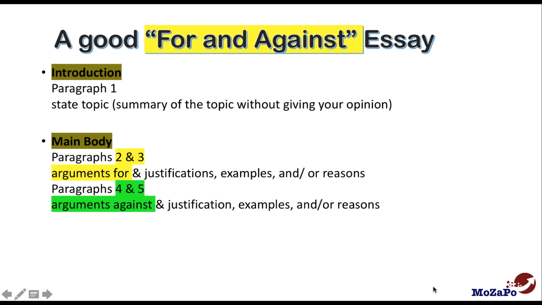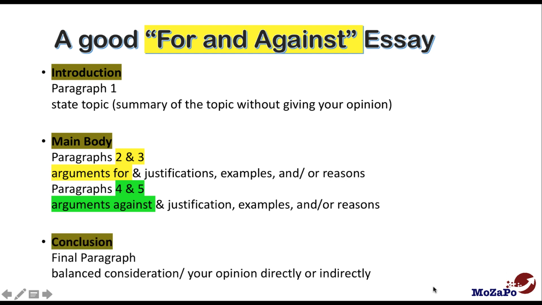And in paragraphs 4 and 5, you write your arguments against and justifications, examples, or reasons. And then in conclusion, in your final paragraph, you write either your opinion directly or indirectly, or you can also write a balanced consideration.